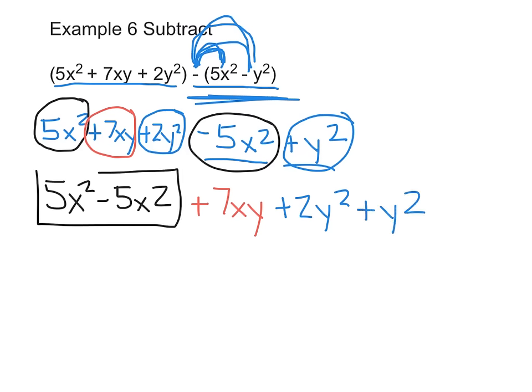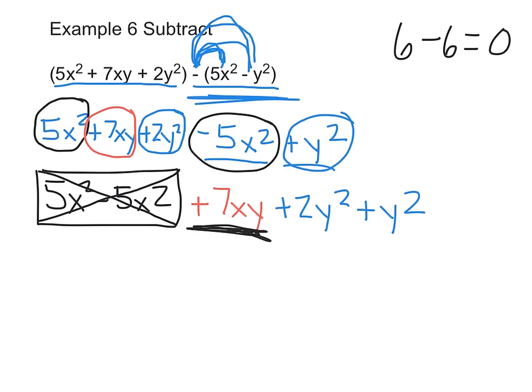Now notice we have 5x squared minus 5x squared. Just like if we did 6 minus 6, we would get 0. Over here, 5x squared minus 5x squared is just 0. So I'm going to go ahead and cancel these out. Since they're worth 0, they're not going to change the value of my problem. Now I have this 7xy.